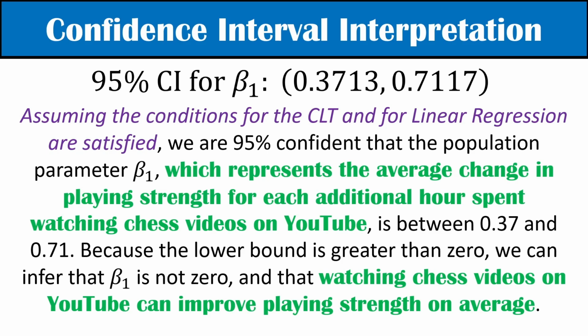So we're 95% confident that value is between 0.37 and 0.71. And then to add sort of an interesting observation, because the lower bound of this interval is greater than 0, in other words, the interval is positive, we can infer that beta 1 is not 0, and that watching chess videos on YouTube can improve playing strength on average.